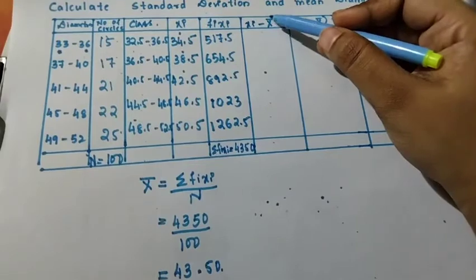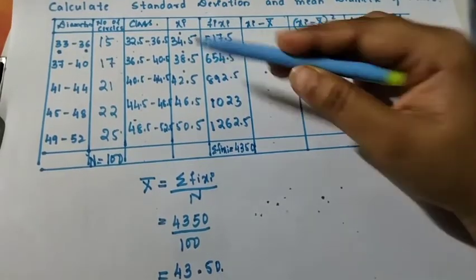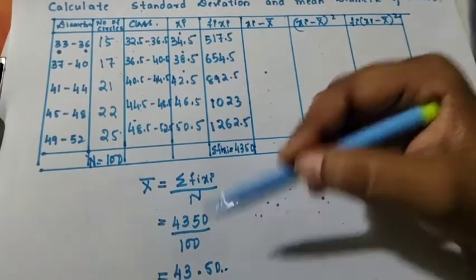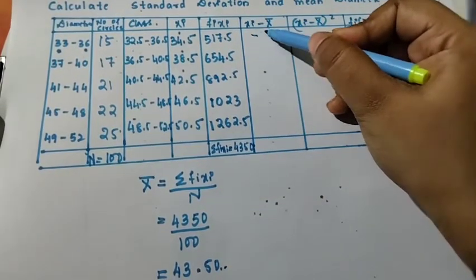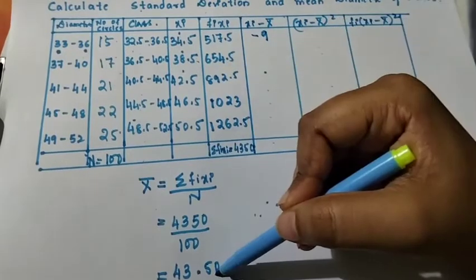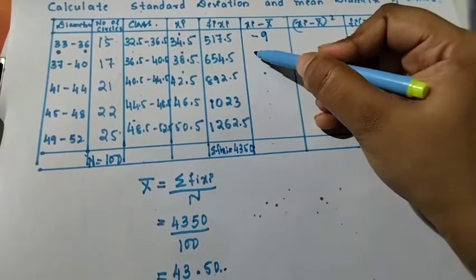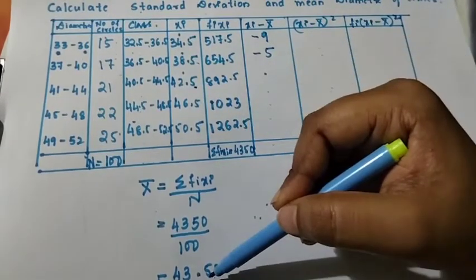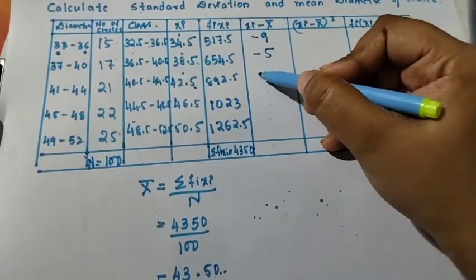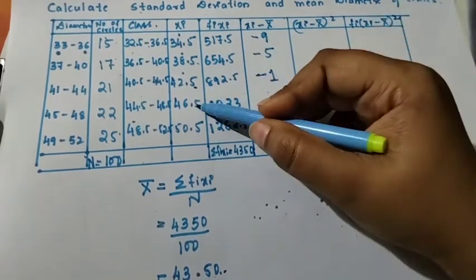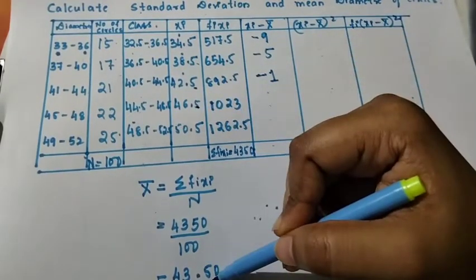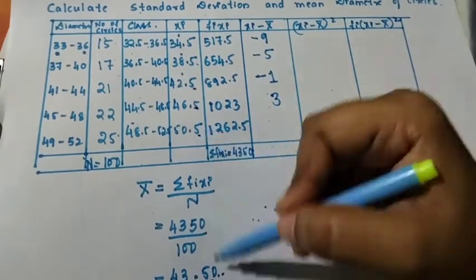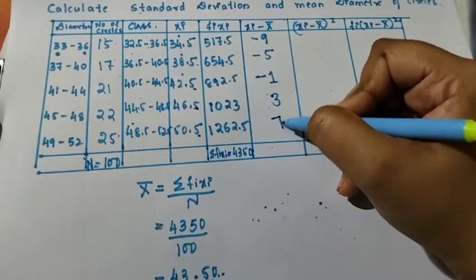Okay, xi values are here and the x bar value is here. So 34.5 minus 43.5 is minus 9. 38.5 minus 43.5 is minus 5. 42.5 minus 43.5 is minus 1. 46.5 minus 43.5 is 3. 50.5 minus 43.5 is 7.